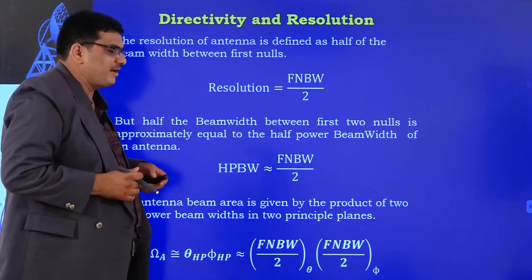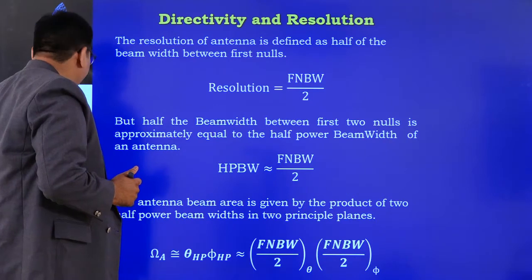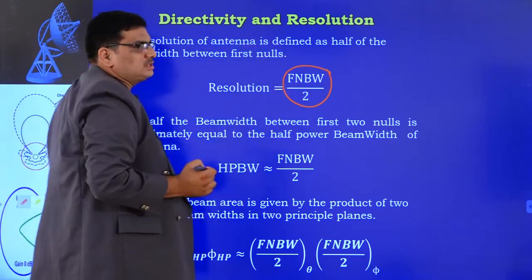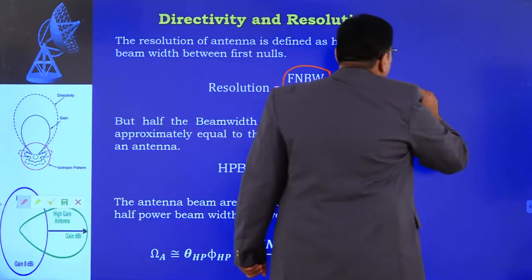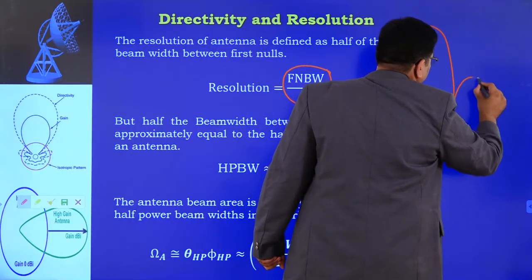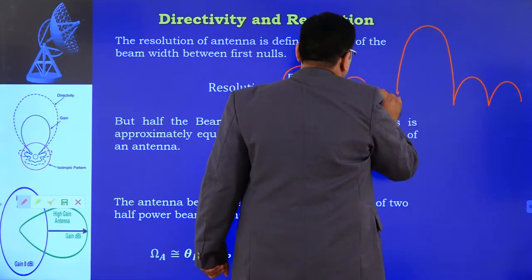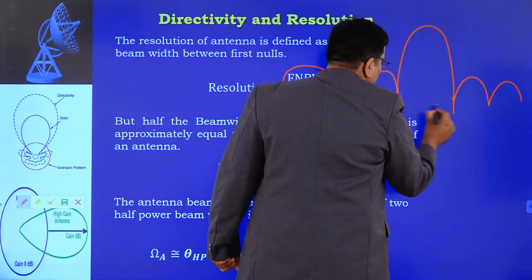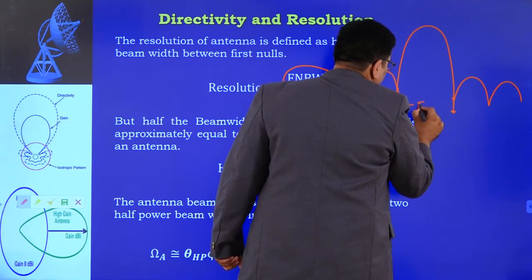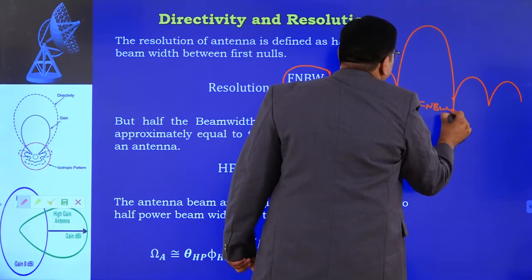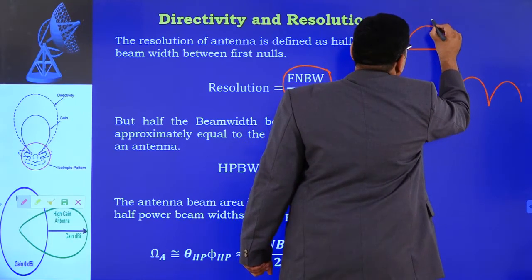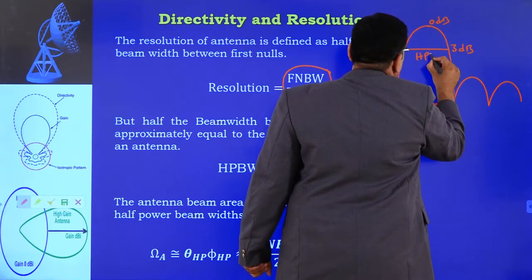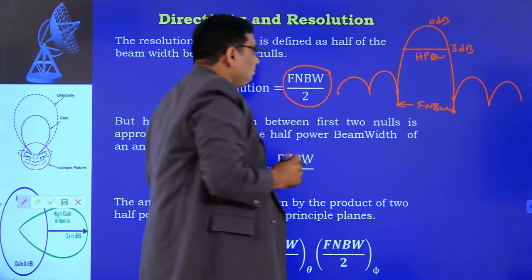Resolution is defined as the first null beam width by 2. So, what is the first null beam width? Suppose you saw a Cartesian diagram like this. This is a null.